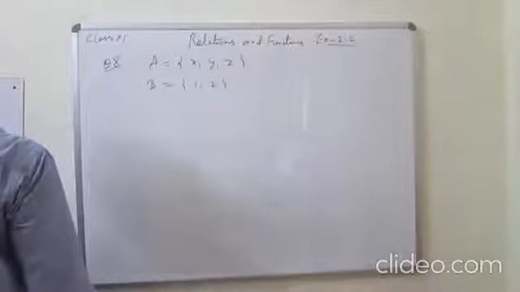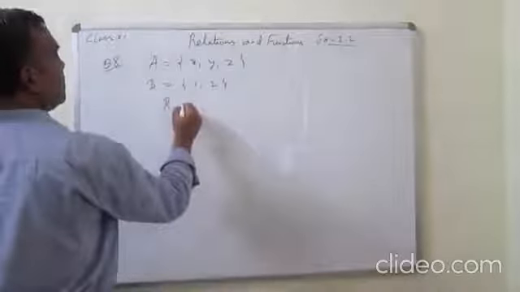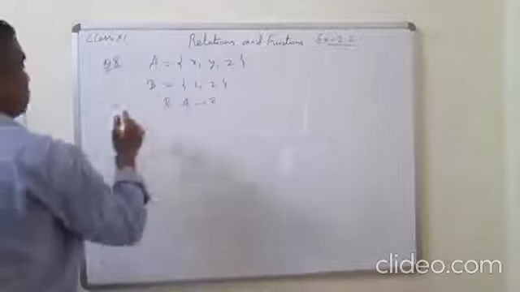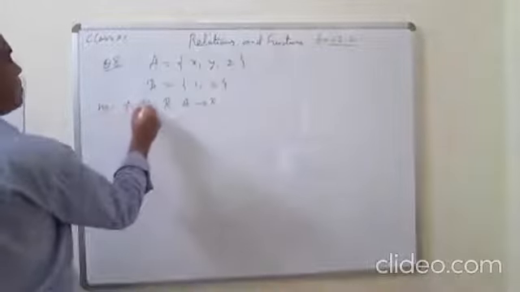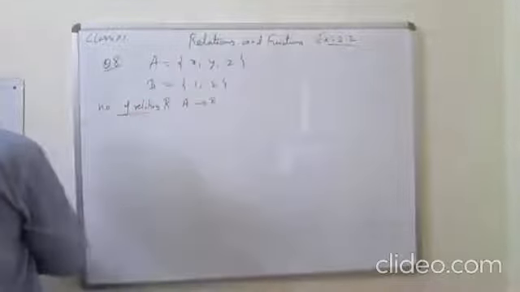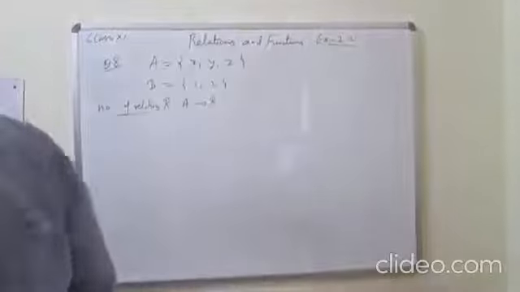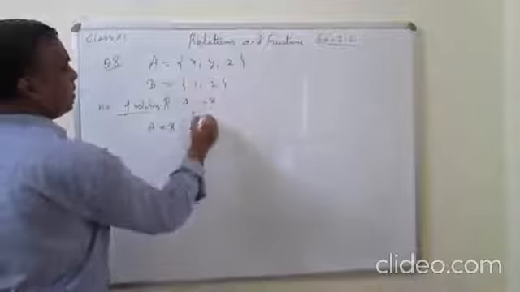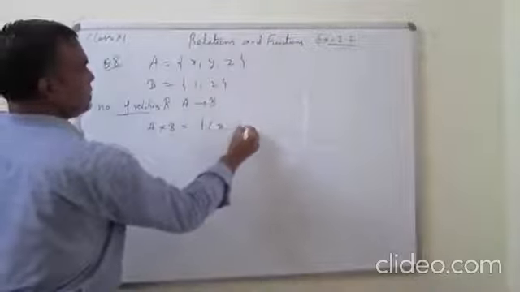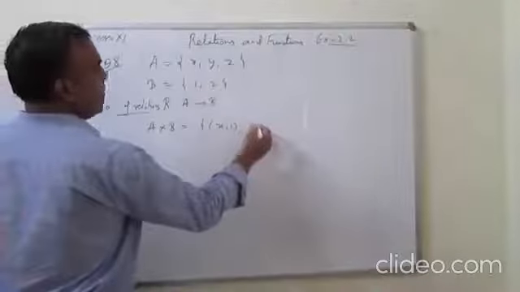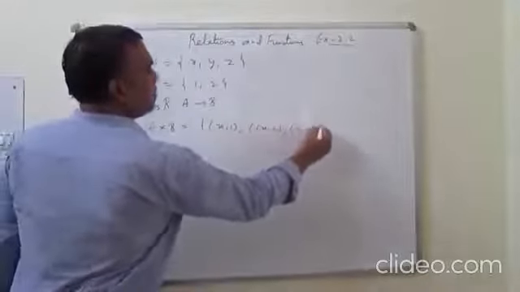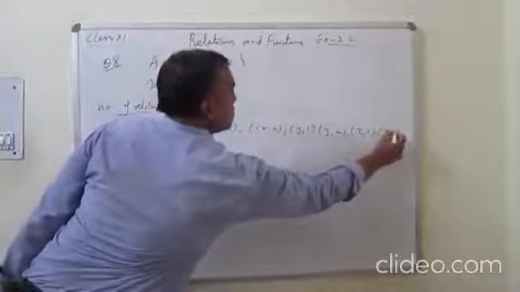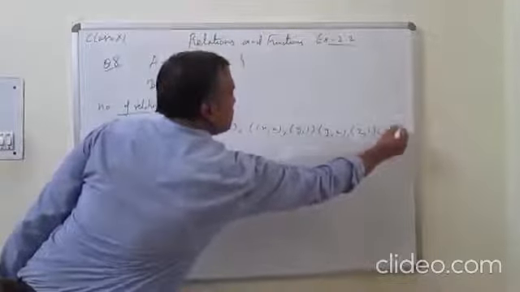Find the number of relations from A to B. First we find the Cartesian product A cross B. So it is (x, 1), (x, 2), (y, 1), (y, 2), (z, 1), (z, 2).